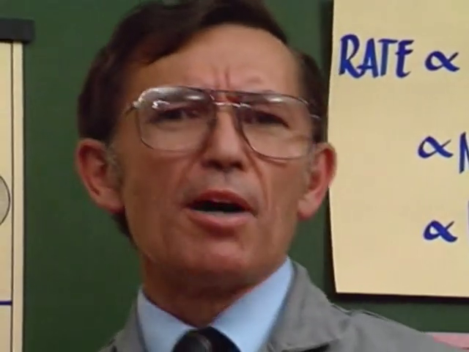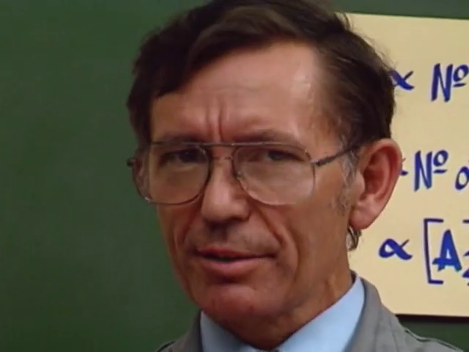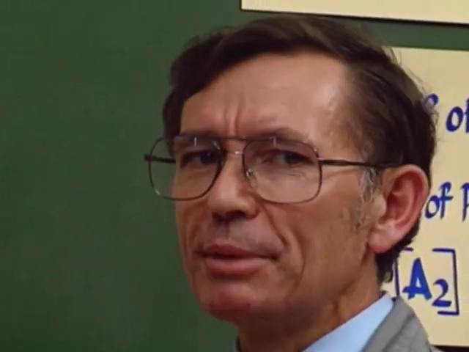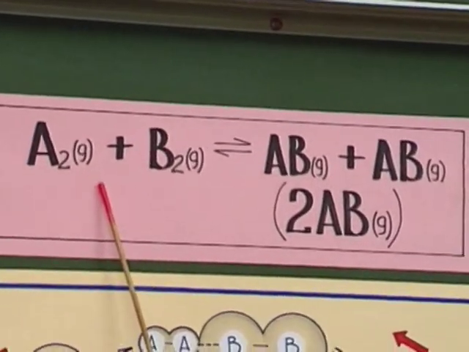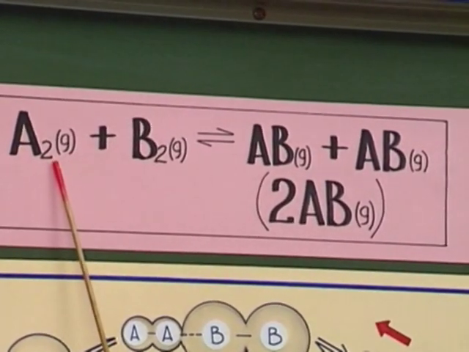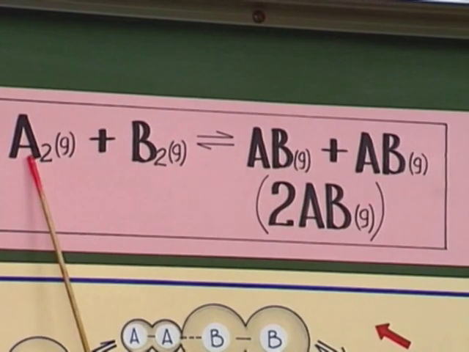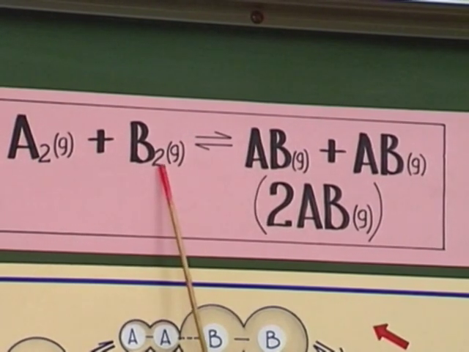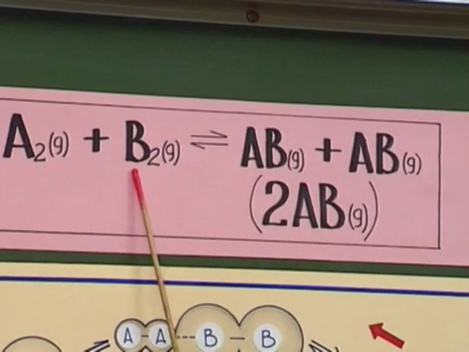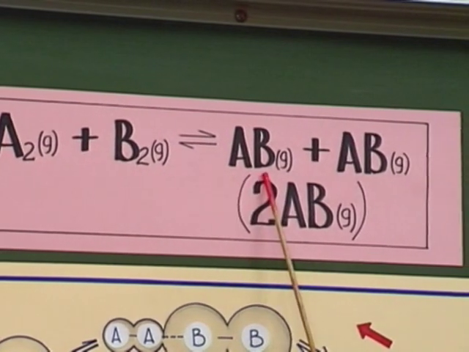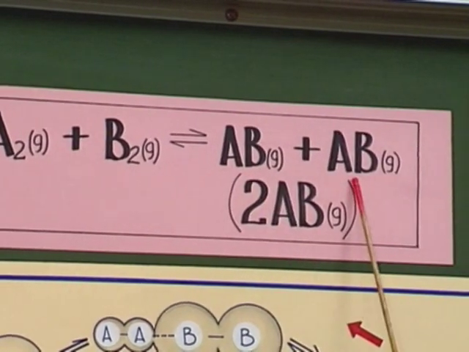Let us look at an example of the application of the collision theory by considering the collision between two imaginary gaseous diatomic molecules, one consisting of two atoms of the imaginary element A and the other of two atoms of the imaginary element B, to produce two imaginary gaseous molecules AB and AB.